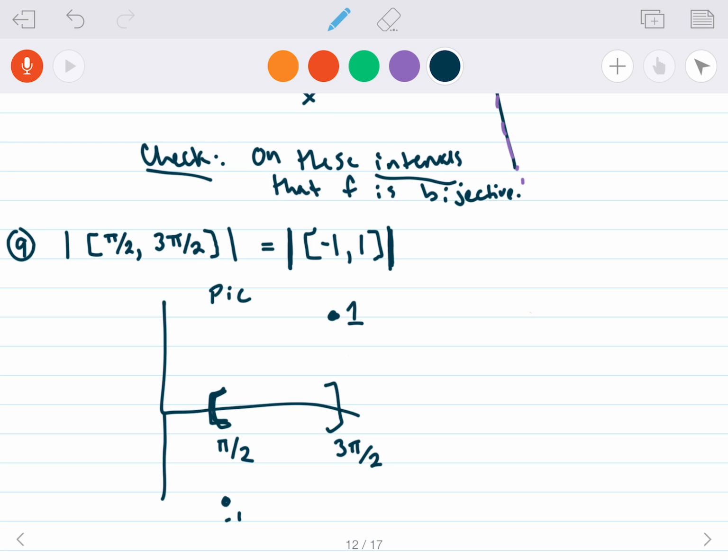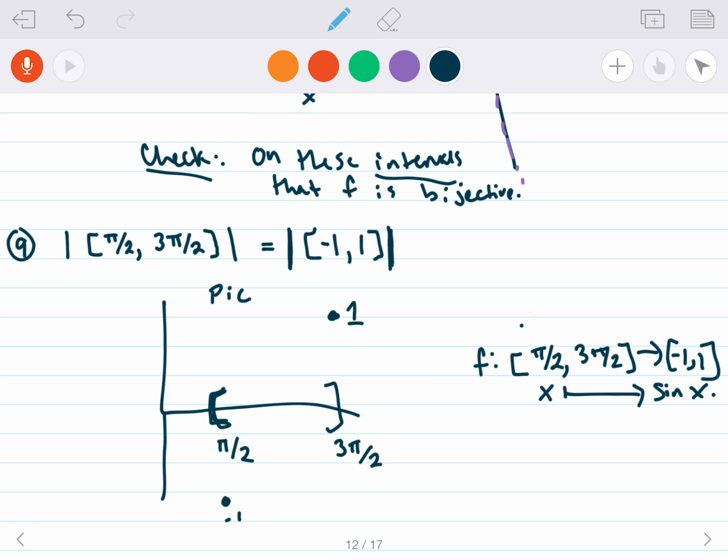And this can easily be accomplished with the sine function. So if we let f be in this interval, going into -1 to 1, send something in pi over 2 to 3 pi over 2 to sine of x, right?